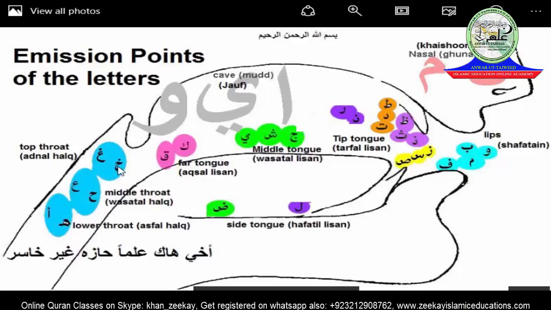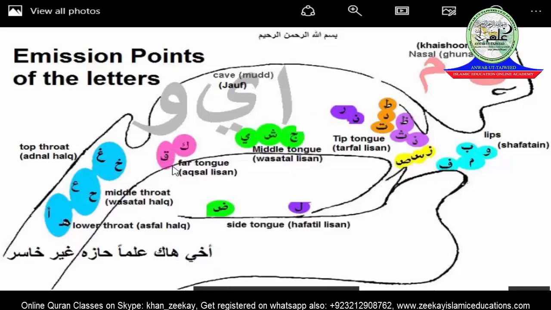We learned that from the top throat we pronounce ha and ghain, from the middle throat we pronounce ha and ain, and from the lower throat, which is nearer to the chest, we produce hamza and ha. The next region was the far tongue, which when touching the part called the uvula in the mouth, produces qaf and kaf.